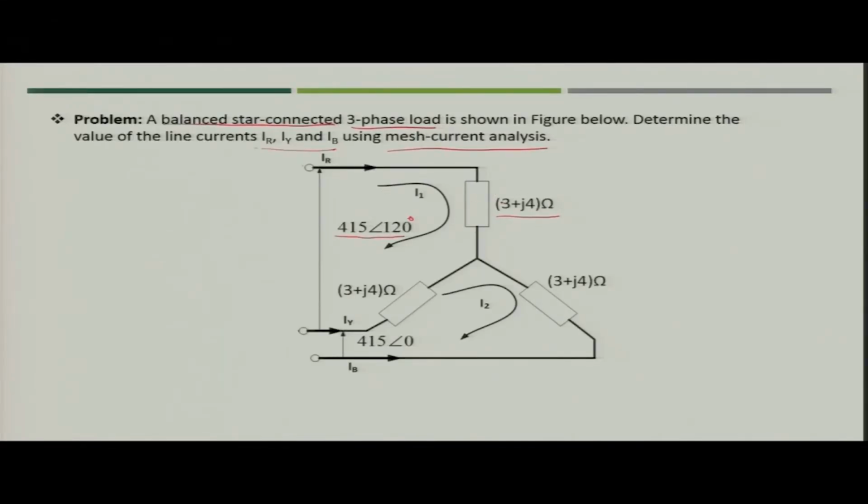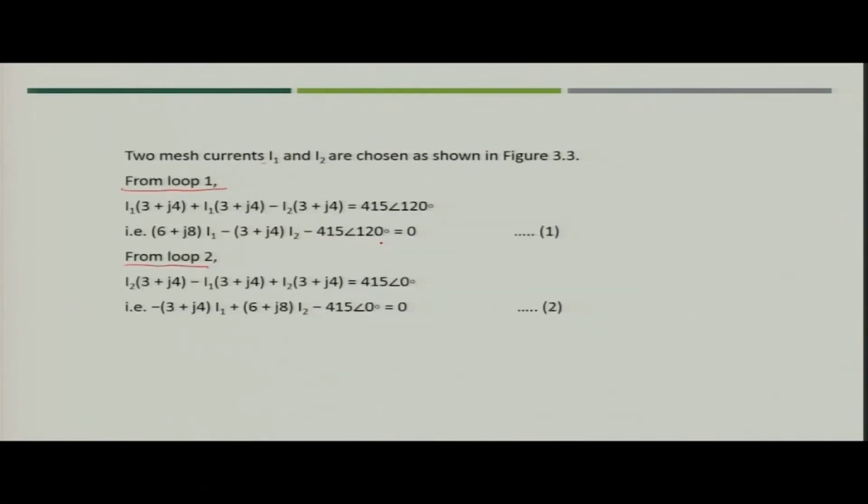So, this will become (3 plus j4) I1 plus (3 plus j4)(I1 minus I2), because I2 is also flowing, but in opposite direction, equal to the voltage across the two nodes. So, what we get, that is I1, and for second resistor it is I1 minus I2, and that is equal to the voltage across those two nodes.